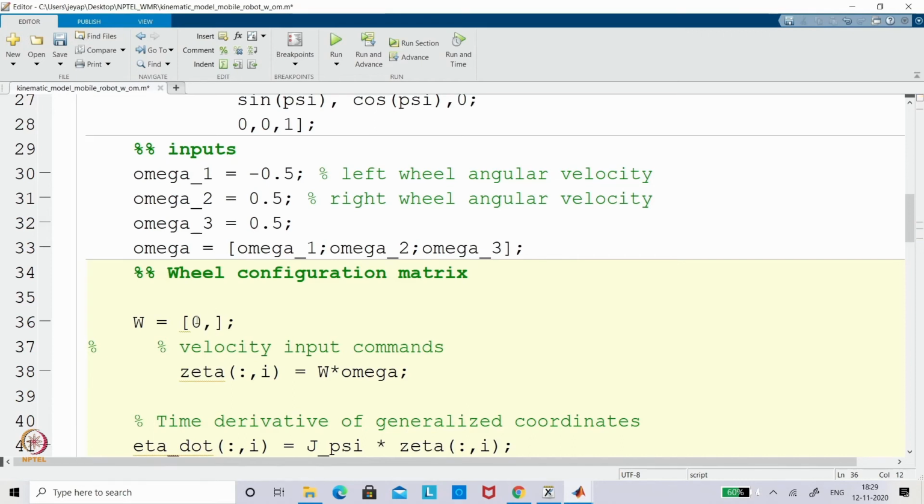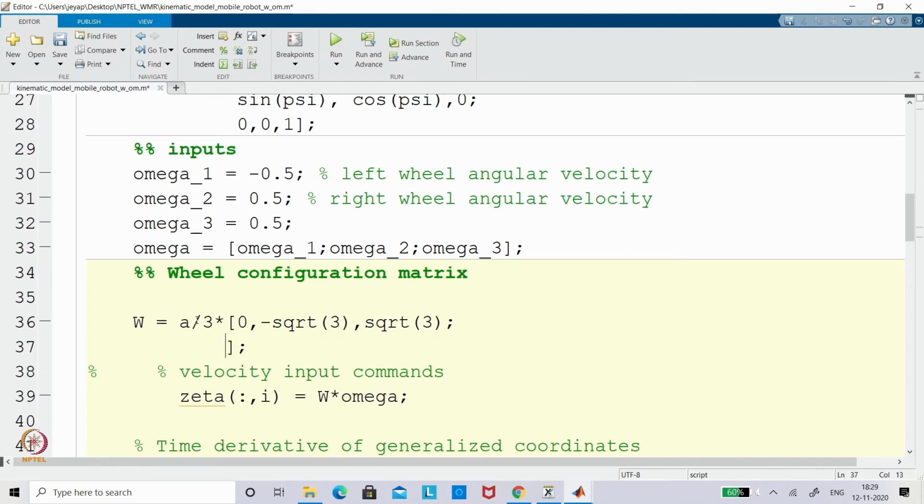So in that sense this would come. I will take a by 3 as common. So this is 0 and minus square root of 3.